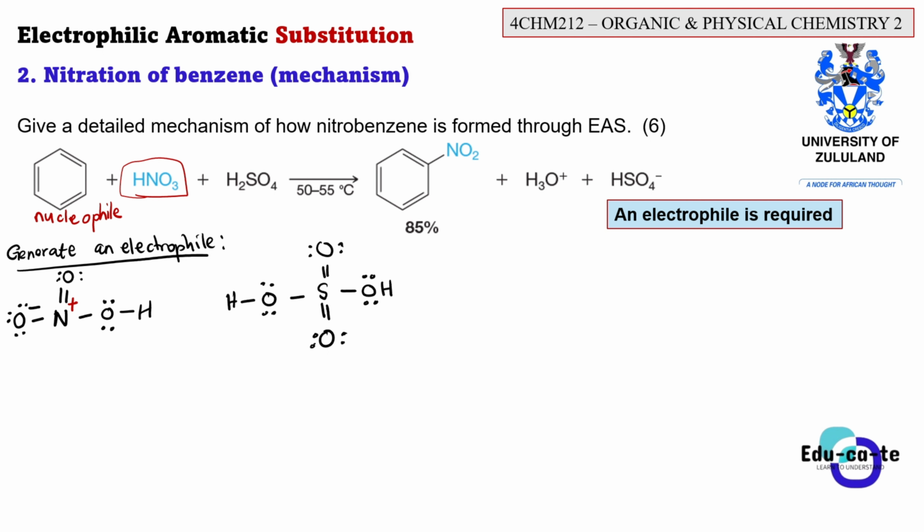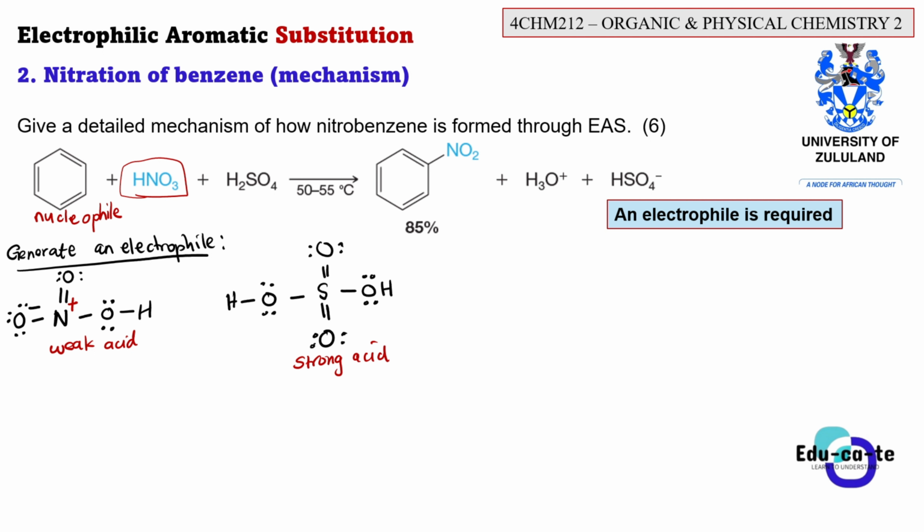So when we compare the strength of these 2 acids, this is nitric acid, and nitric acid is a weak acid. Sulfuric acid is a strong acid. So we can say that sulfuric acid is a stronger acid than the weaker acid, which is nitric acid. All right.